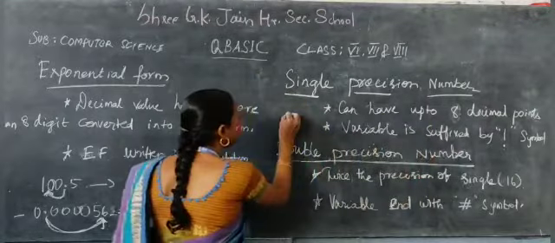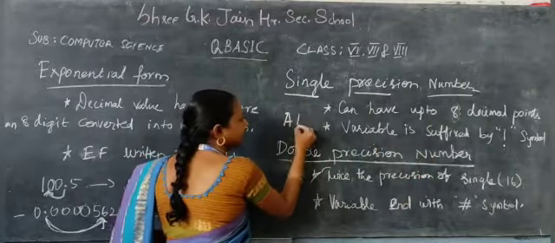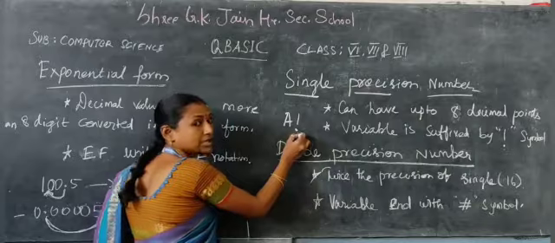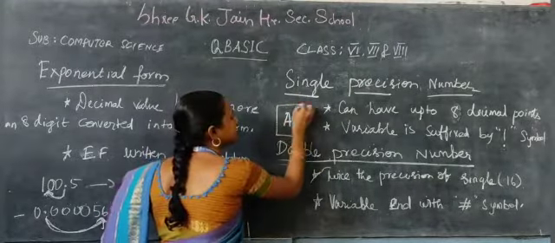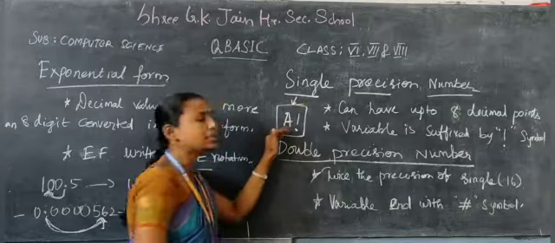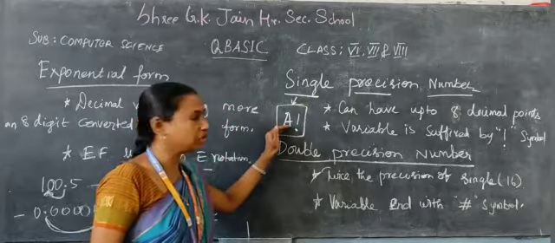For example, A followed by the exclamatory symbol is known as a single precision variable.